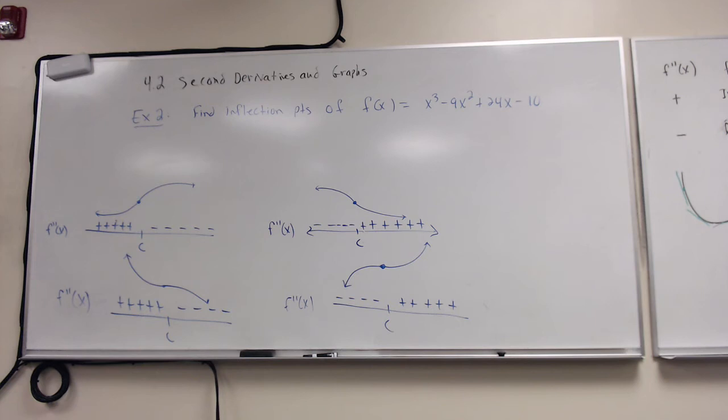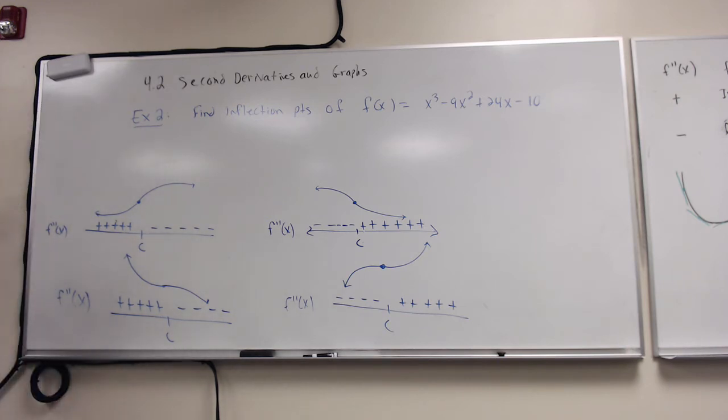Again, this is another cubic polynomial. I've added 3 extra terms this time. We're just looking for the inflection points, so we want to know the points on the graph where concavity changes. And generally, we'll find the x and y coordinates of those inflection points. So what are the coordinates of the inflection points?